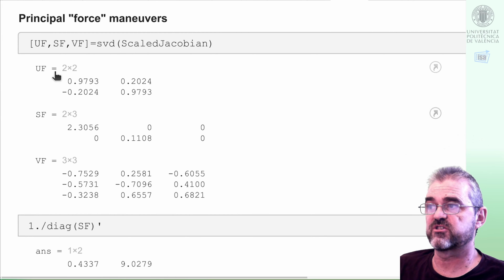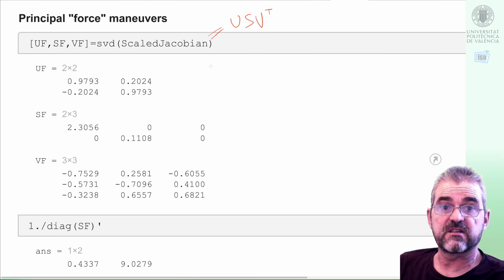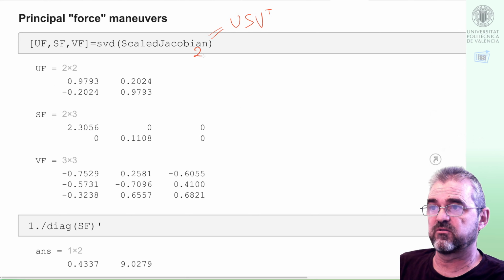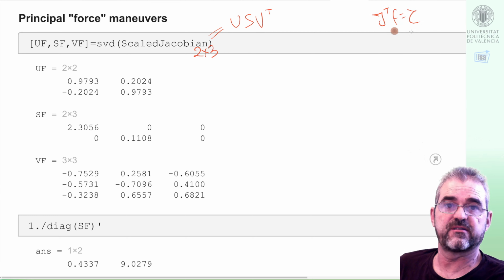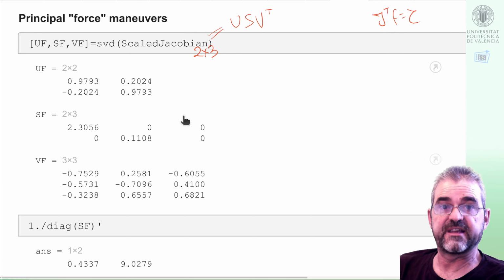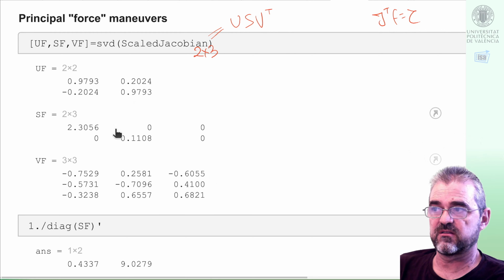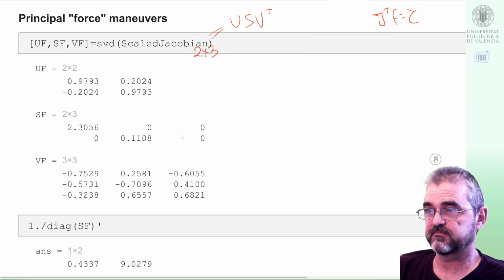Here we have some U, S, V. The scaled Jacobian is 2 by 3. In the force ellipsoid, it was the transpose that appeared, but okay, transposing is just swapping V and U. So we can still understand the interpretation of what we are obtaining here as follows.